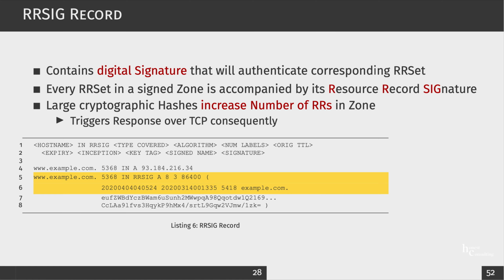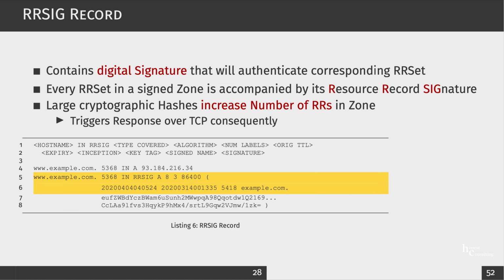Here's just an example of a resource record set that contains only one single record, so there are no additional data fields, and the signature of this is displayed in line number 5 and below.